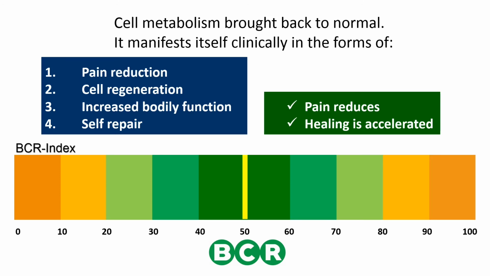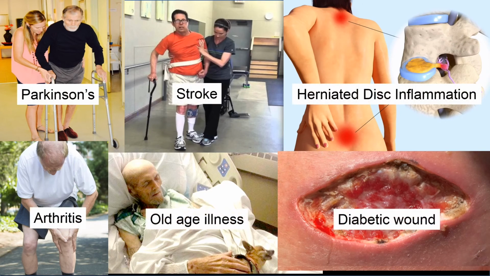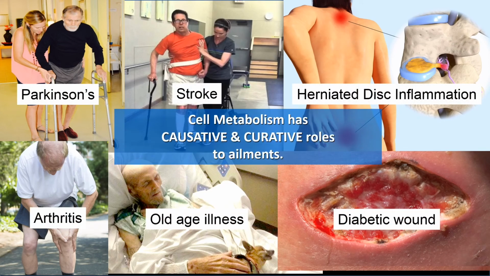It can be done systemically and also localized or organ specific. Cell metabolism has a causative and curative role to ailments. When cell metabolism is in a disorder, it causes ailments. And when the disorder is regulated back to normal, it has a curative effect to ailments.